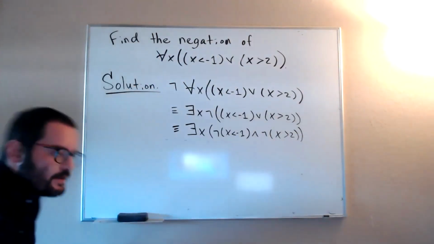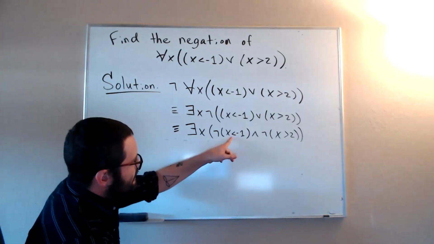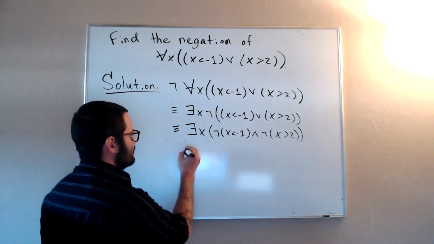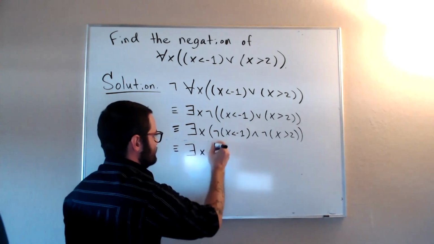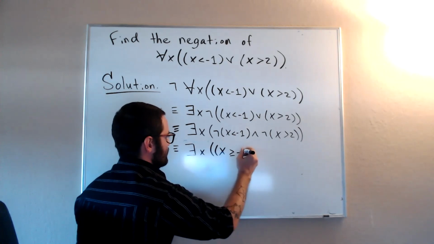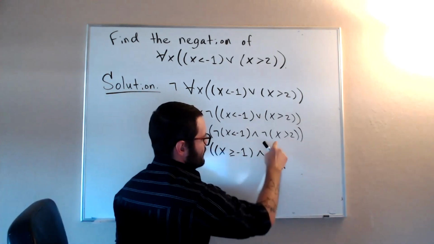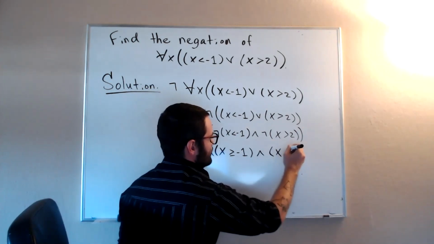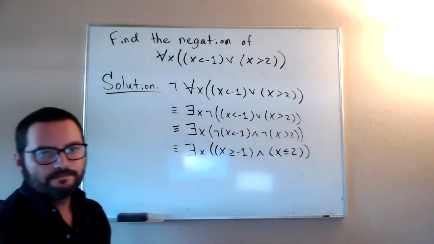Okay? Almost done. So if we negate x being less than -1, we're going to get that x is greater than or equal to -1. And then if we negate x greater than 2, we get that x is less than or equal to 2.